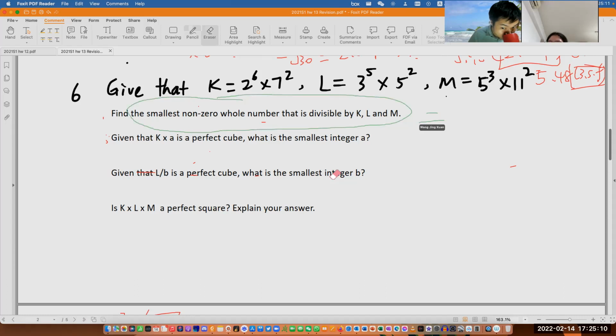So the answer is LCM. Is it LCM? Yeah, go ahead. What's the LCM? Do you still remember the two tips to get LCM?